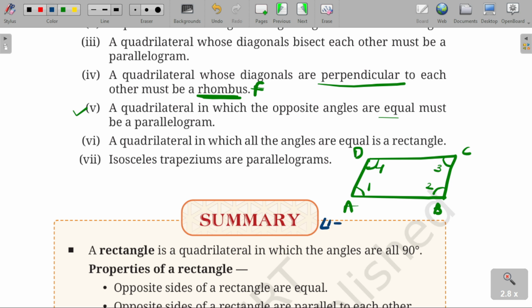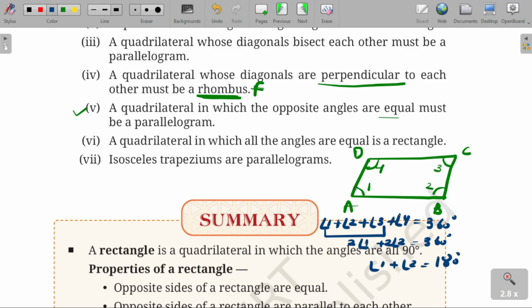Angle 1 plus angle 2 plus angle 3 plus angle 4 is 360. Angle 1 equals angle 3, so we can take it as 2 times angle 1. Angle 2 equals angle 4, so 2 times angle 2. This is 360. So angle 1 plus angle 2 is 180.